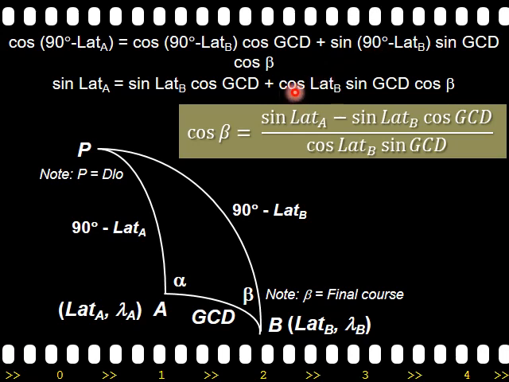So, magiging cosine lat B times sine GCD and cosine beta. So, again, to solve for cosine beta, transpose natin itong term na to dito sa left side, kaya dito siya naging minus. Okay, and then divided by ito, yung dalawa, cosine lat B, sine GCD, to solve for cosine beta.